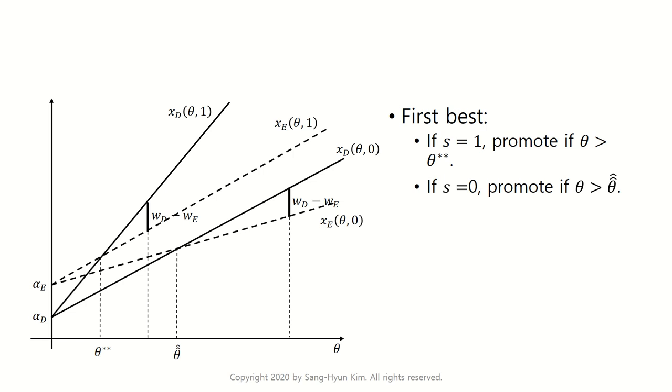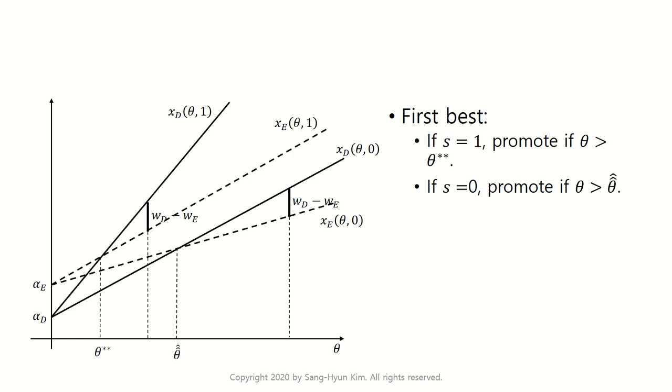Let's suppose the skill level is 1, so S equals 1. Then you want to promote the worker if theta is greater than theta double star, right? Because if theta is greater than theta double star, XD is larger than XE.